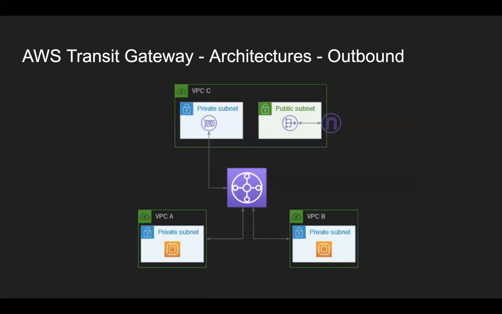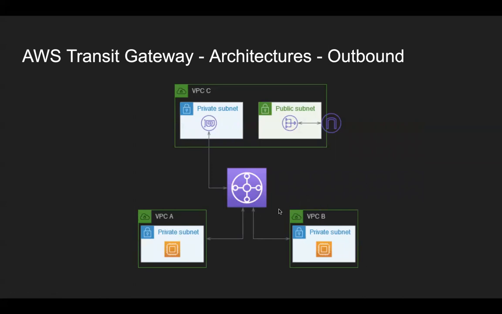Let's take a look at one final architecture in regards to transit gateway, which allows transitive outbound internet access. Let's say, for example, you have VPC-A and VPC-B with only private subnets, and then you have VPC-C, which has a private and a public subnet, where the private subnet has internet connectivity through something called a NAT gateway, and the public subnet has an internet gateway. So what if you would like to provide internet access to VPC-A and VPC-B?